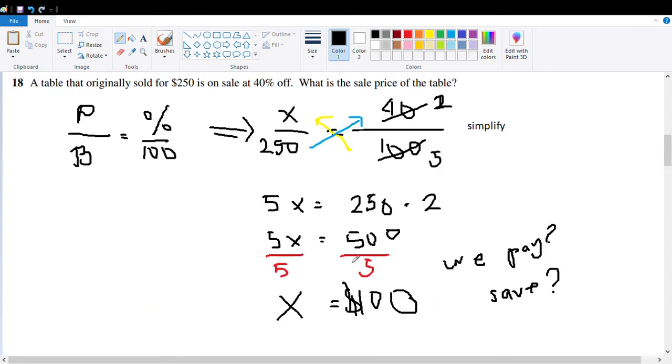So how do we find how much we pay? We're going to subtract 250 minus how much we save. This is money we save, minus 100, which is $150.